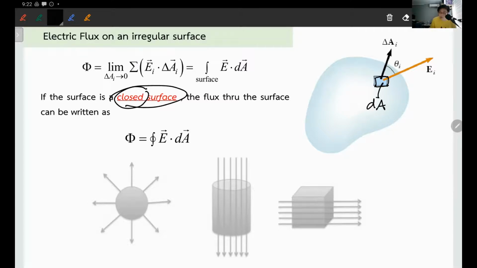If it's not very small, you can call it delta A. But once that piece is going to zero, super small, you can call it the differential of A. No matter what, you're always going to have a vector associated with this, and we just draw a vector perpendicular to the surface. So that will be your dA vector.